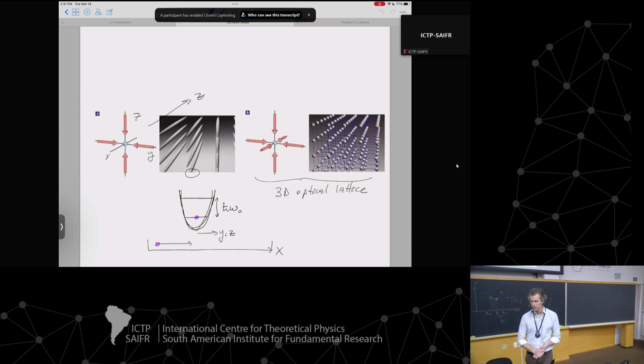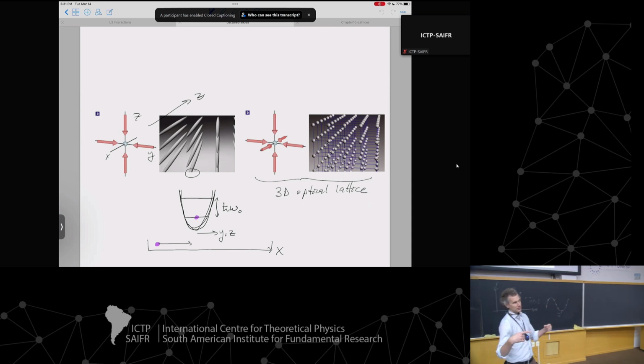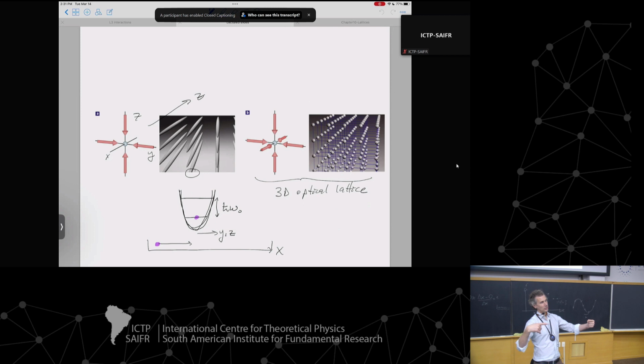So one reason there is often a confining potential is that the optical lattice, which makes the standing wave potential, is itself an attractive potential. So you're making a potential where every time there's a maximum, so the intensity versus, let's say, the Z direction here is a red detuned laser beam.